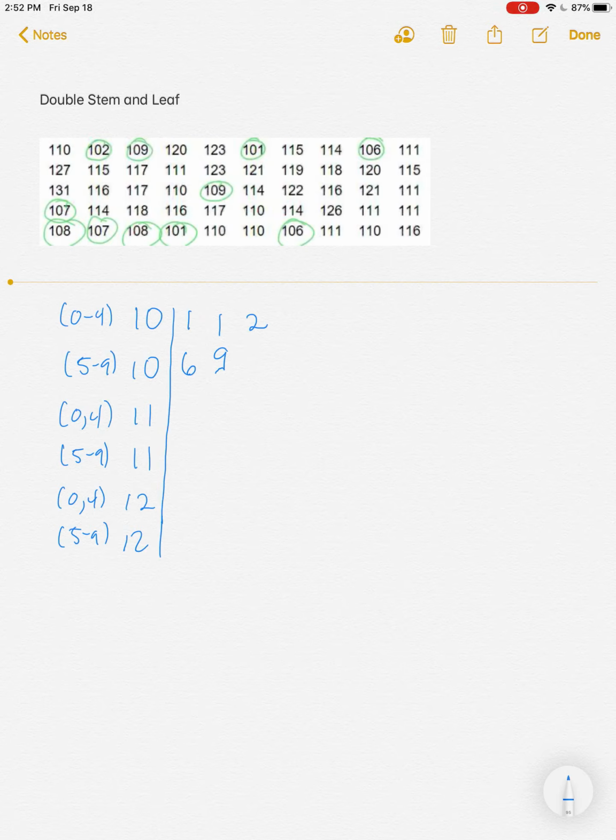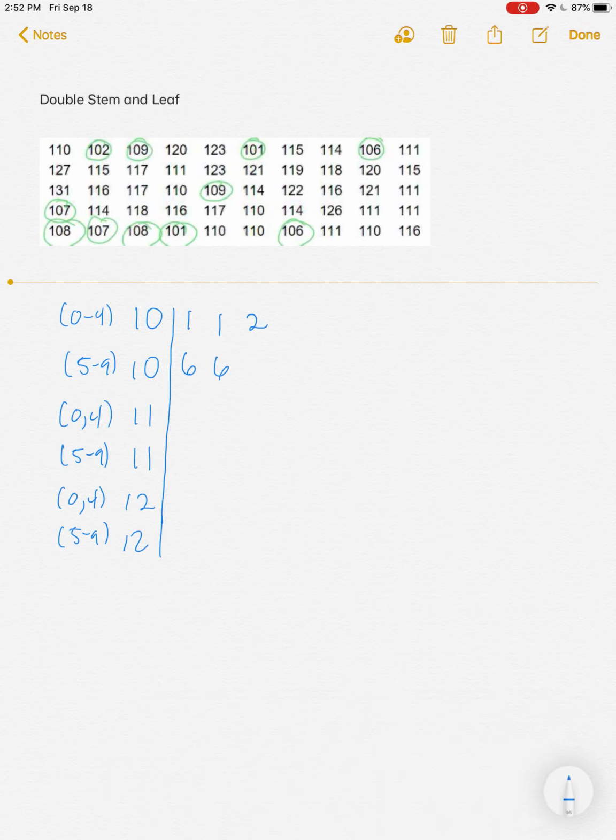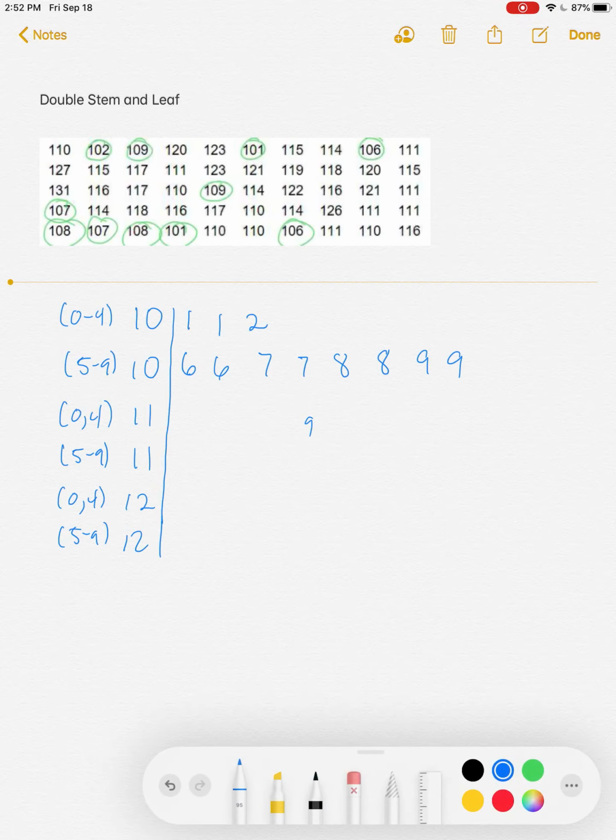But then we would have to pick up the additional 106. And it's just an organizing type of thing. 106. Remember, I had a 9. I'm just going to park it out there. 106 needed to be picked up from right over there. We have some 107s that we never had. Some 108s that we never had. A couple of them. And another 109. And that's what that would look like.